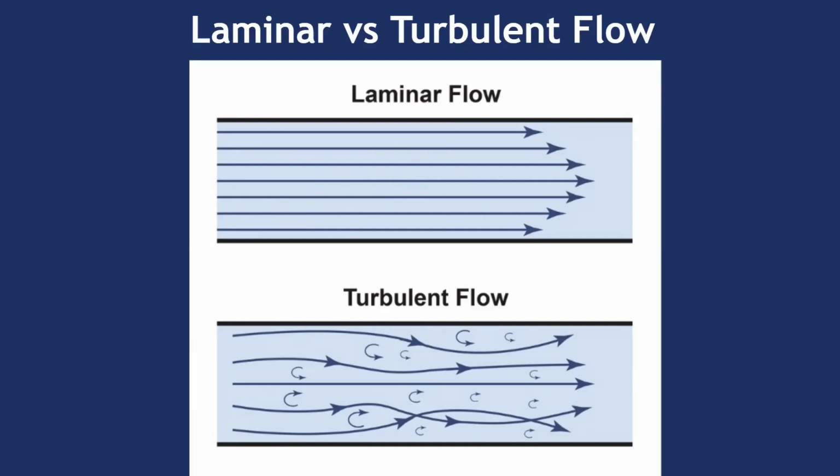And this first screen is just a very simplistic diagram of the difference between what's called laminar flow and turbulent flow. Now, in general, lamina means sheet, and so essentially any fluid, whether it be water or air or molasses, is going to have these various characteristics.